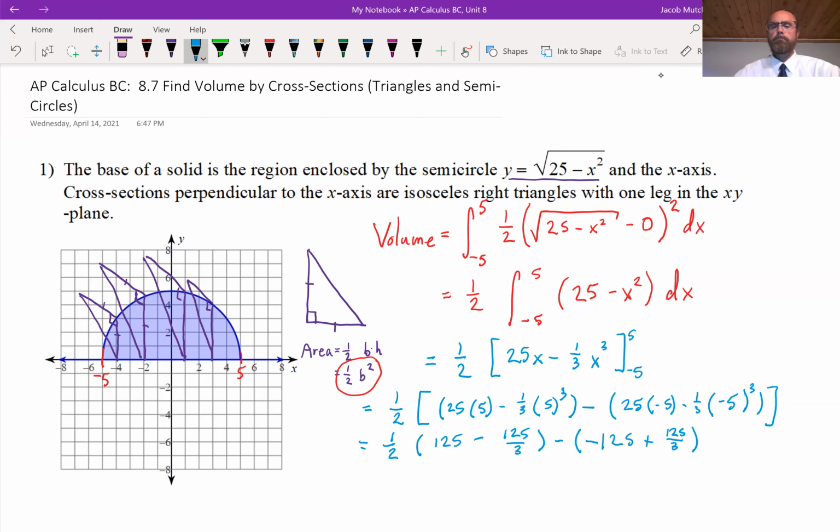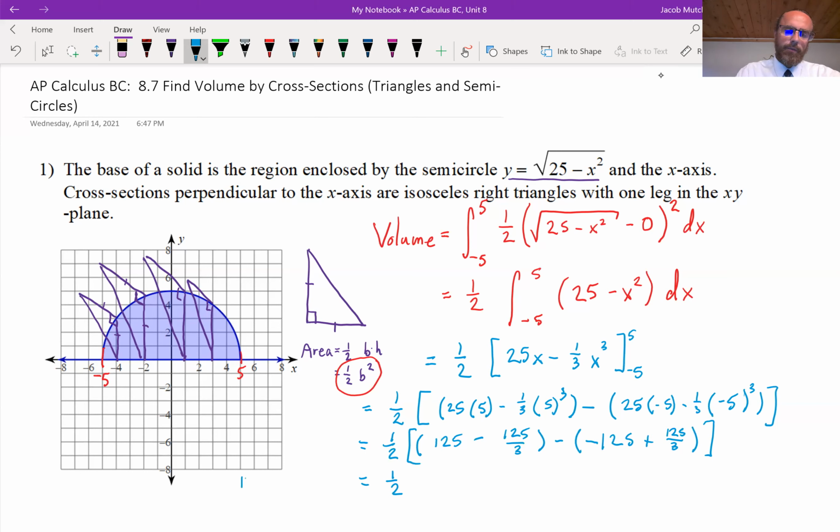I'll go ahead and put my brackets back so that the 1/2 applies to both. Now we just want to reduce and simplify. I see I can combine 125 and 125 over 3 by giving 125 the denominator 3.